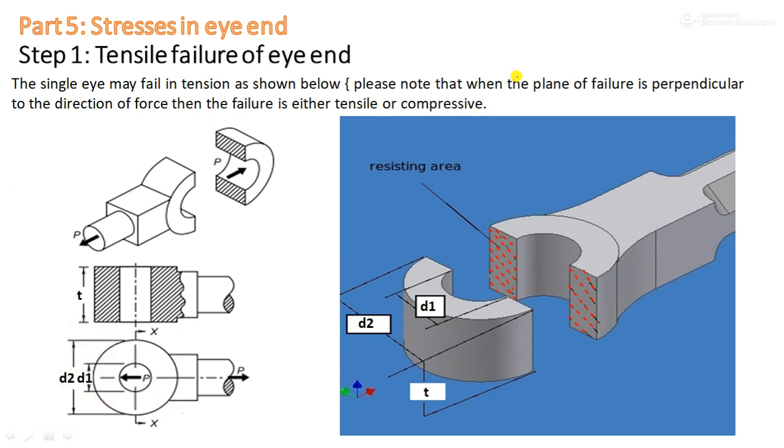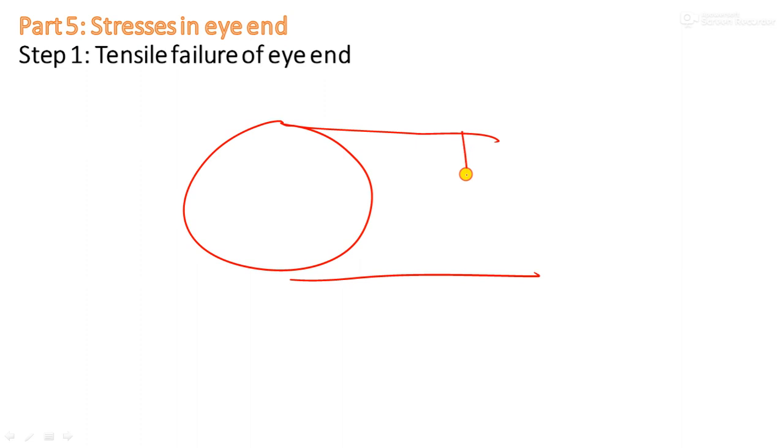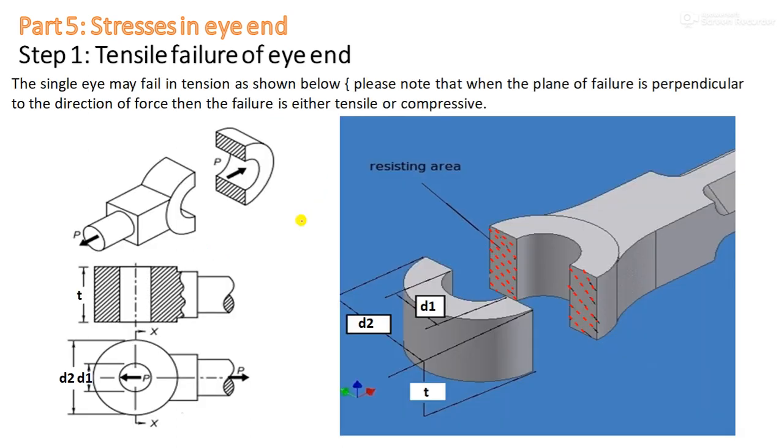Again very simple, let me take a figure over here. Let us say this is the outer diameter of the eye, d2. What is the inner diameter? d1. And what is the thickness of the eye? T, right?